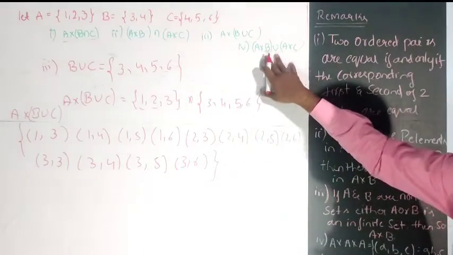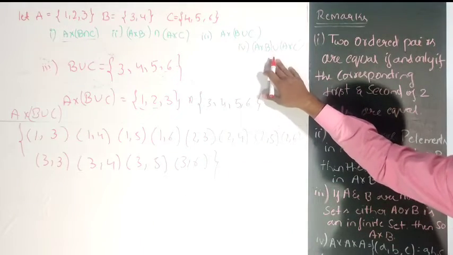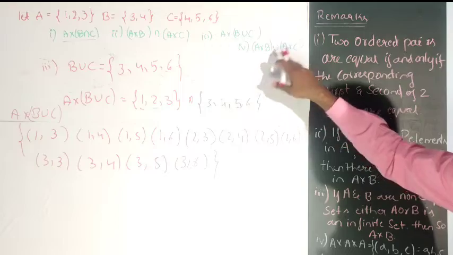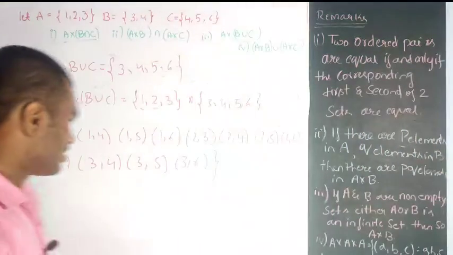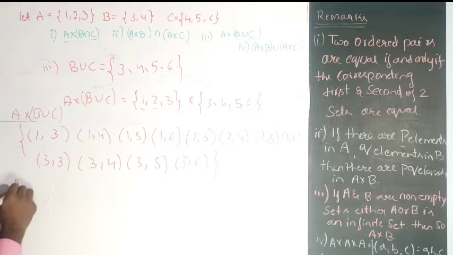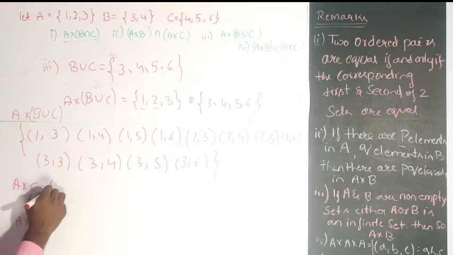Next we need to go for the last one. A cross B union A cross C. Already we have found out the elements of A cross C and A cross B, right? So what are those elements?